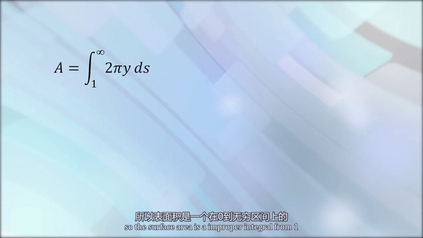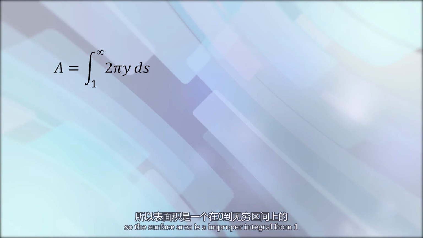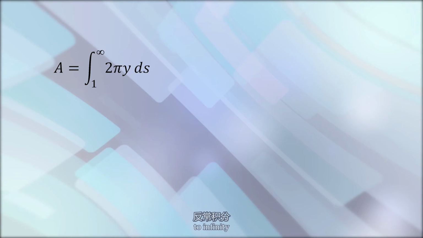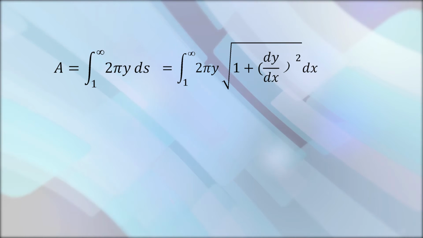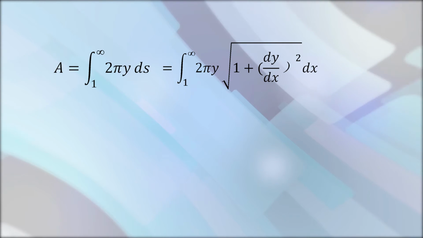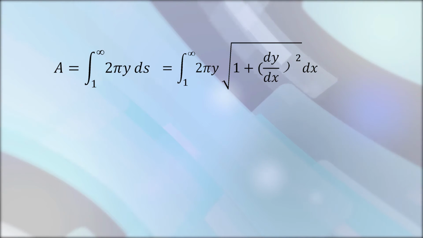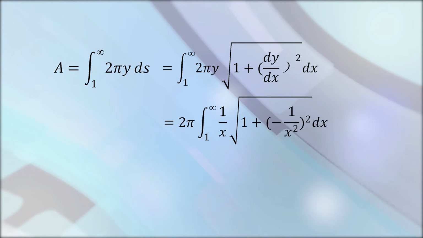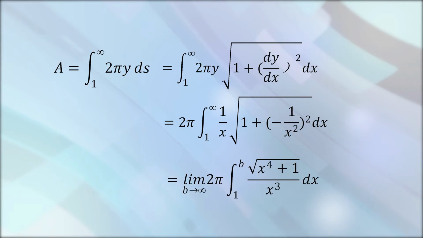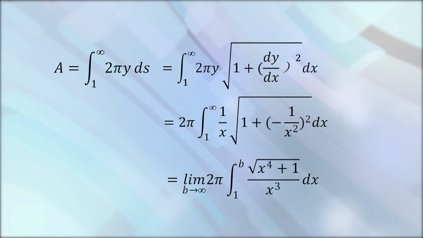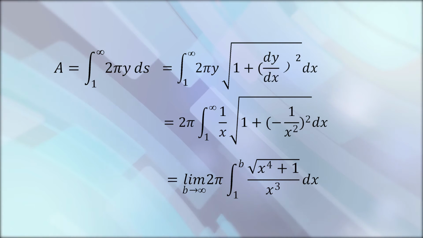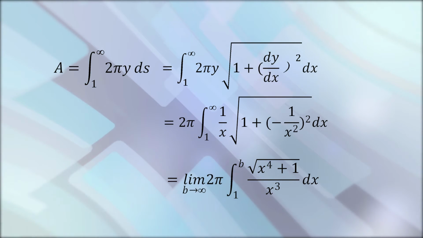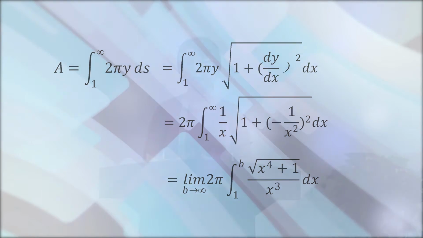So the surface area is the improper integral from 1 to infinity of 2 pi y ds. We plug in y and ds, and we will get this definite integral. Because it's an improper integral, we'll first find the definite integral from 1 to b and let b go to infinity. But it's hard to solve it.